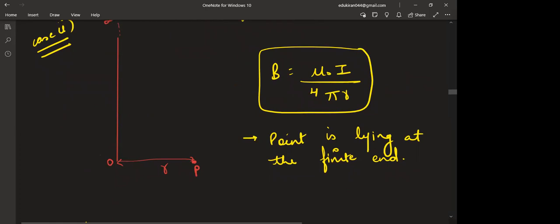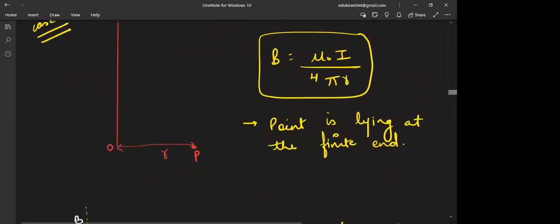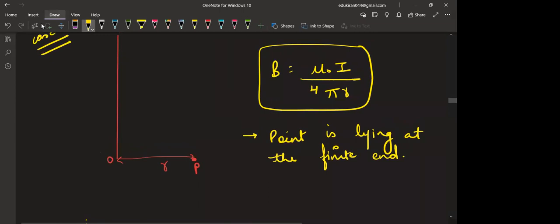This one is for semi-infinite. And yes, one more thing, you have finite wire as well.